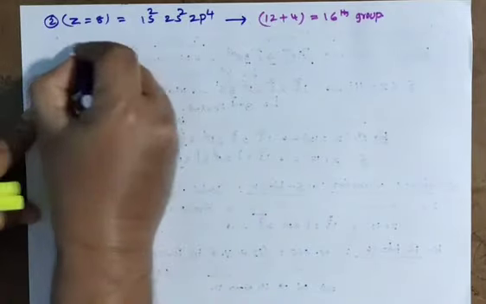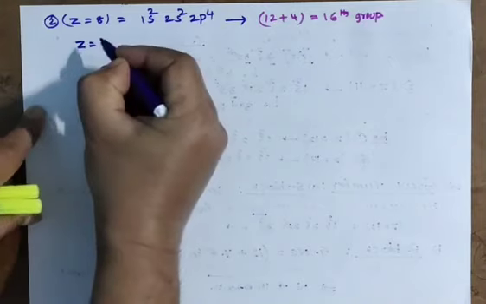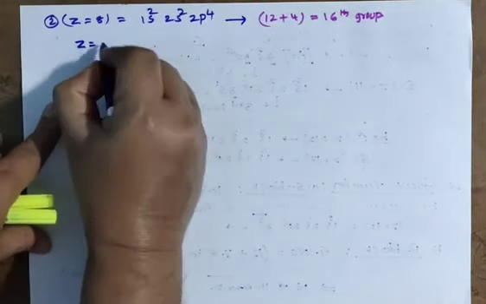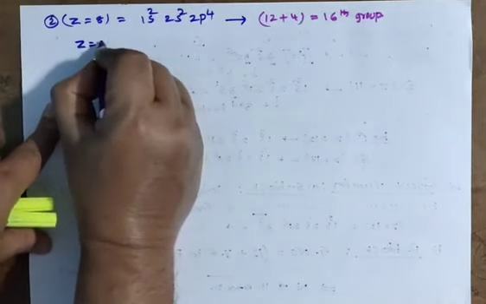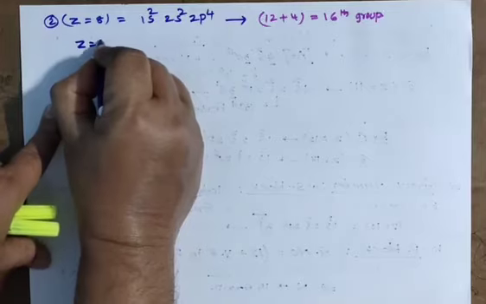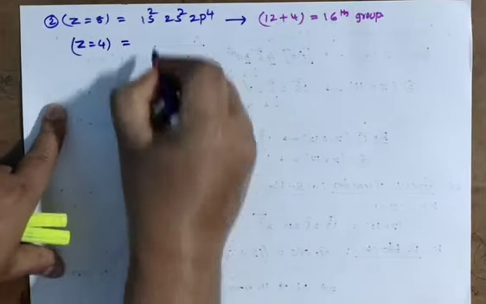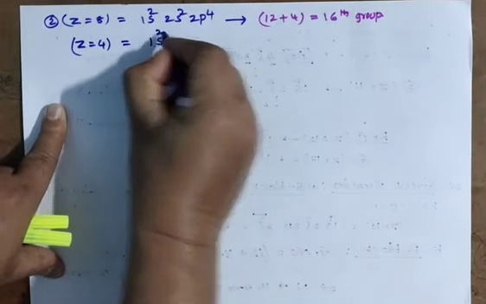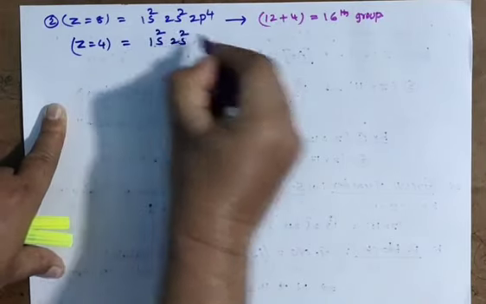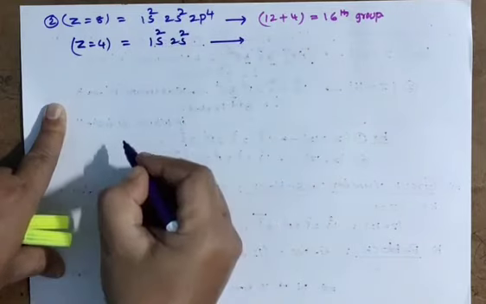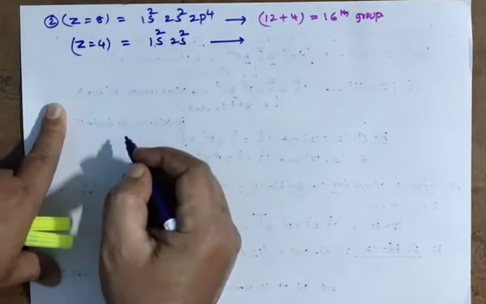You take another example. Z equal to 4. 4 means 1s2, 2s2. Clear?